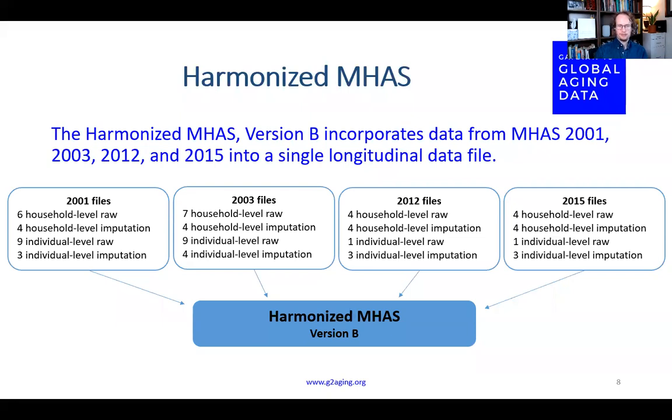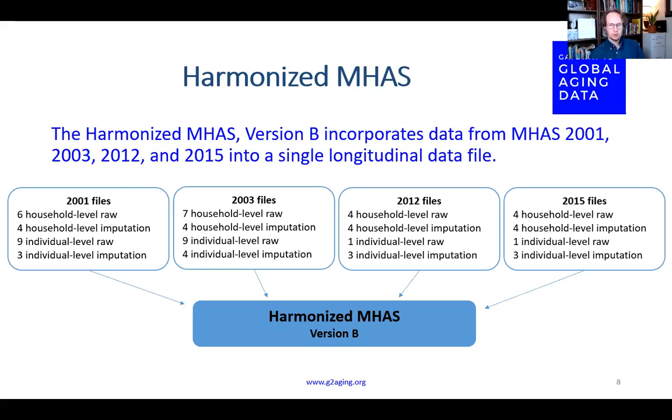One of the advantages of using the harmonized MHAS is that there are a lot of different files at a lot of different levels available at each wave, and these are all combined into one data set. So it cuts down a lot of the startup work to being able to use the data set.